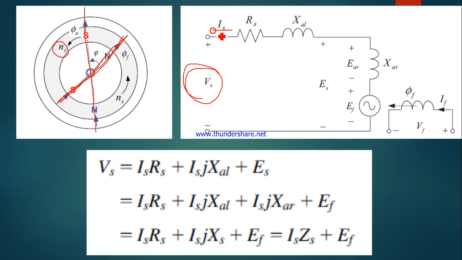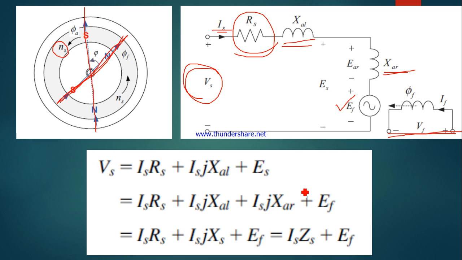This is the stator current flowing through the circuit. This is the stator resistance. This is the armature leakage reactance. This is the field EMF, and that is the reactance due to armature reaction, and this is the field circuit. As I told, you are applying it externally.